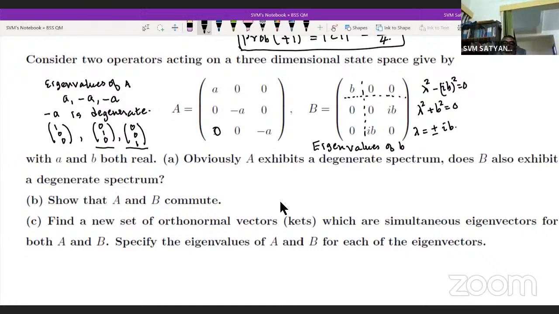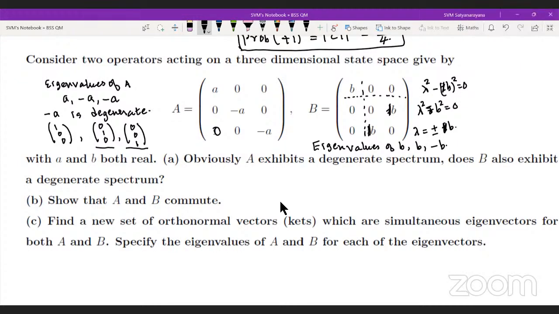I think I have directly taken this from the book, but I think we can remove this I. If we remove this I, then this is minus B square, so plus minus B. So you have B, B, minus B. So there is degeneracy here also, because you have B, B and minus B.